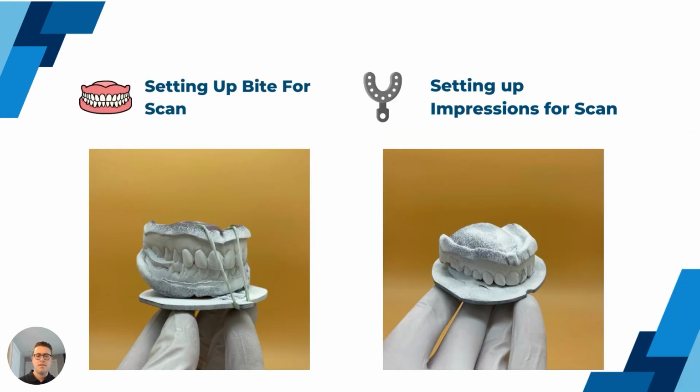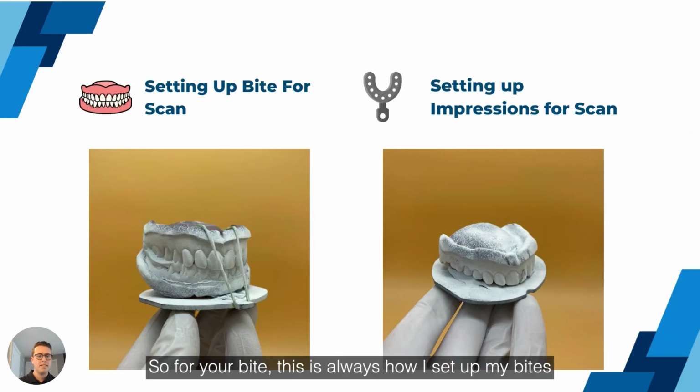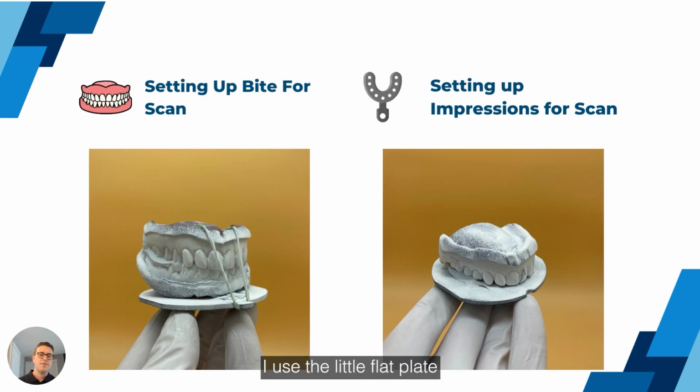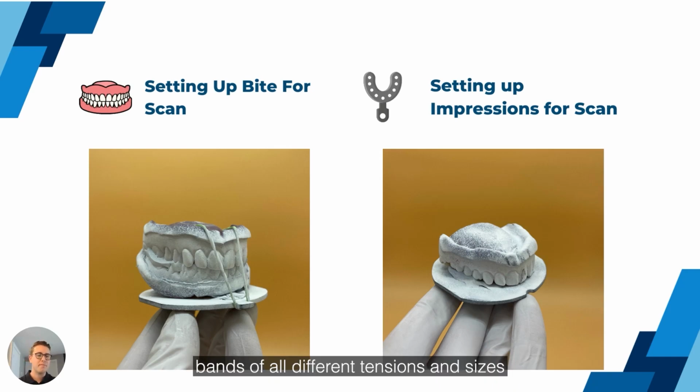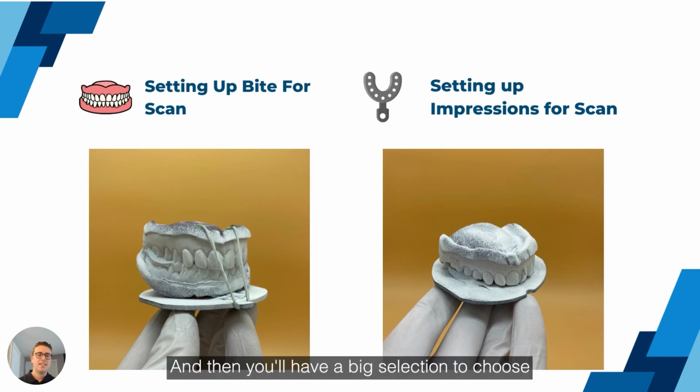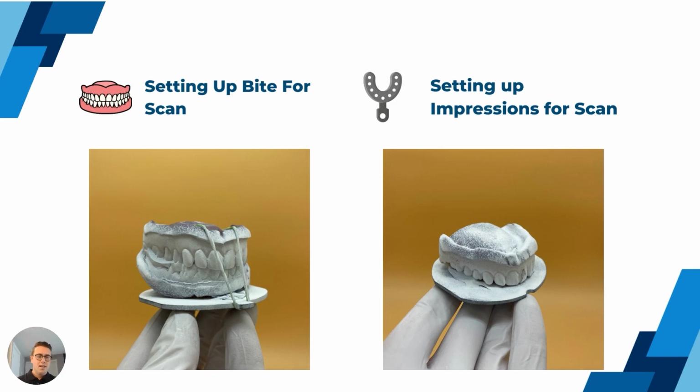So for your bite, this is always how I set up my bites. I use the little flat plate with the 3 prongs on it and a rubber band. You can just go to the dollar store, get yourself a kit with like 200 or 300 rubber bands of all different tensions and sizes. And then you'll have a big selection to choose from depending on the size of the denture or the size of models.